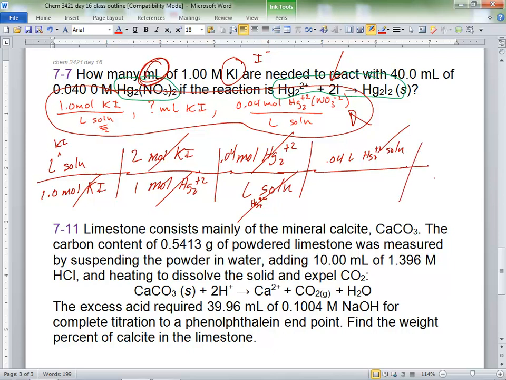Shoot. All right, so a liter is 1,000 mL. Whoops, wrong way around. Liters have to cancel. So 2 times 0.04 times 1,000. About 3.2.